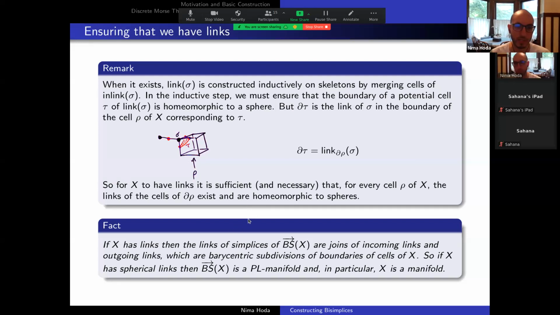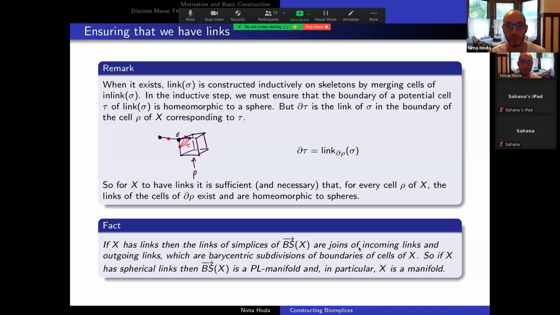And it's a fact that if X has links, then the links of simplices of the barycentric subdivision of X are joins of incoming links and outgoing links. Well, the outgoing links are barycentric subdivisions of boundaries of cells of X. So if X has spherical links, and the incoming links are also homeomorphic to spheres, then the links of the barycentric subdivision are all spheres.